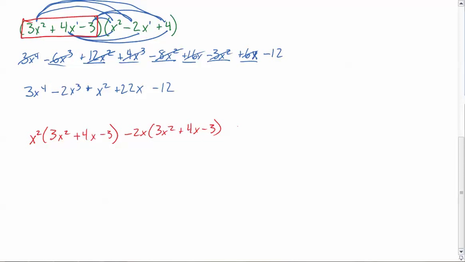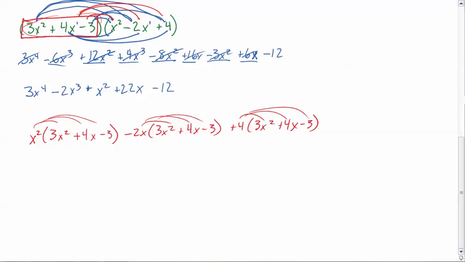And then you're going to go plus 4 times 3x squared plus 4x minus 3. So you'll note that what I did is I just took this right here and I distributed it to the x squared. I distributed the whole thing to the minus 2x, and I distributed to the plus 4.